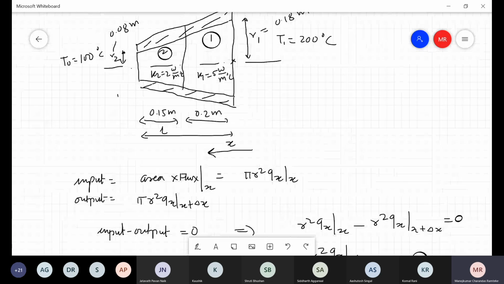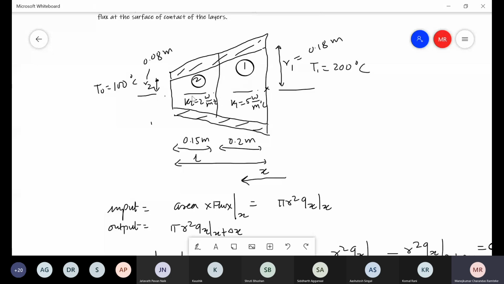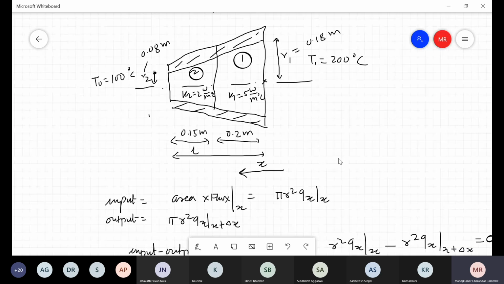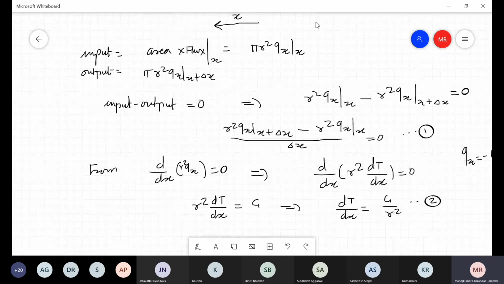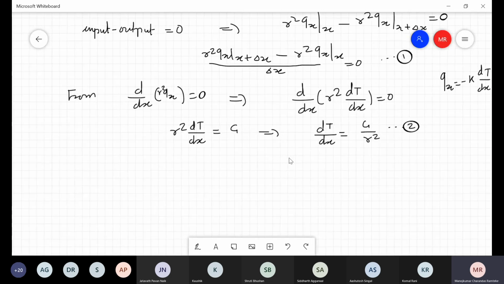As you can clearly see, as I move along the x direction on the left hand side, my r is decreasing. So clearly my r and x are related, and I cannot take r out of this bracket.